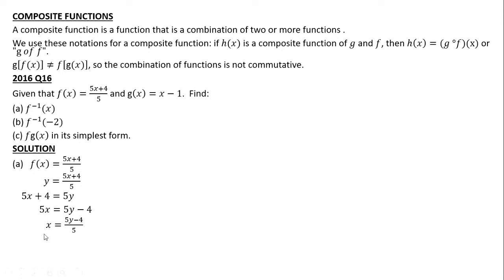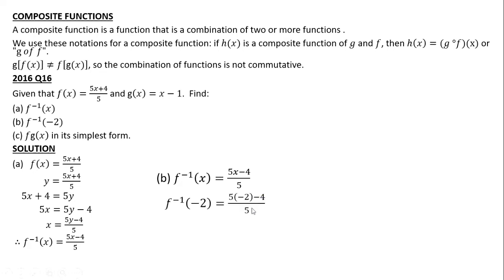Now, our answer will be, therefore, where there's x, replace f inverse of x. Where there's y, replace an x. Therefore, f inverse of x is equal to 5x minus 4 divided by 5.